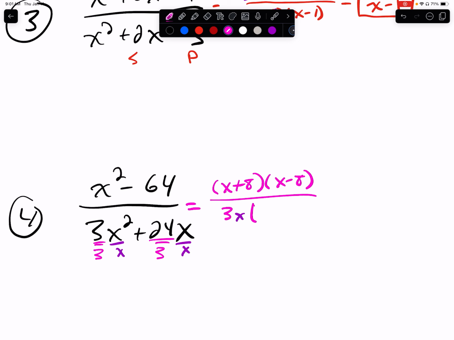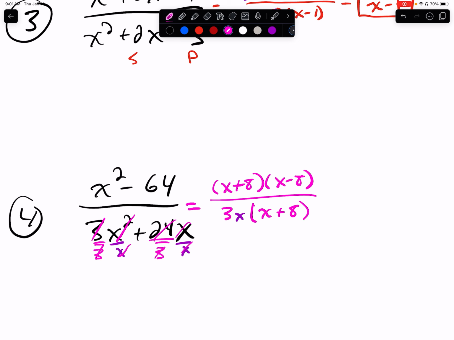Now 3 divided by 3 is 1, x squared divided by 1x leaves us with an x. 24 divided by 3 is 8, so we've got plus 8, and x divided by x just goes away, so we're left with that.